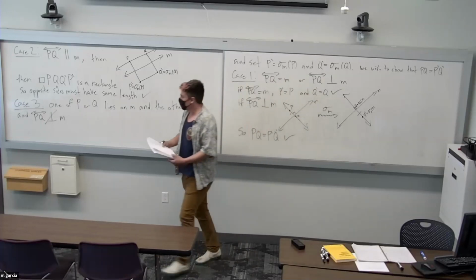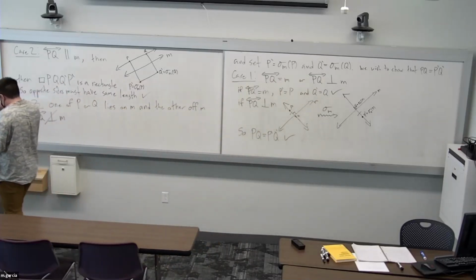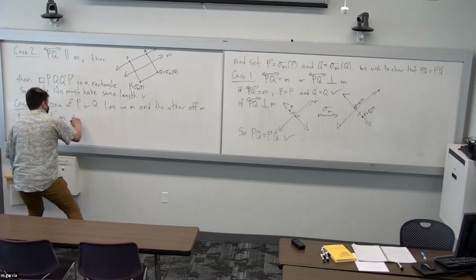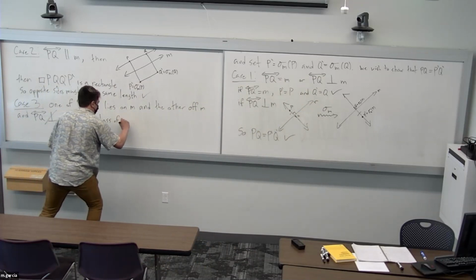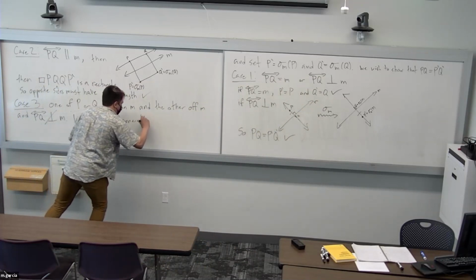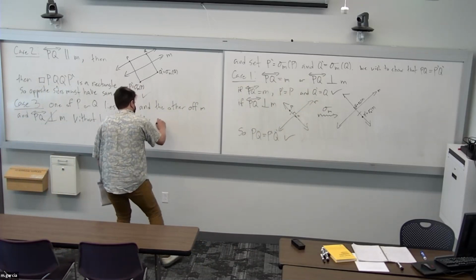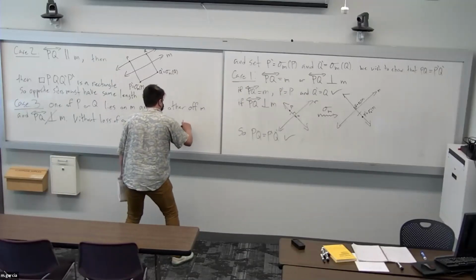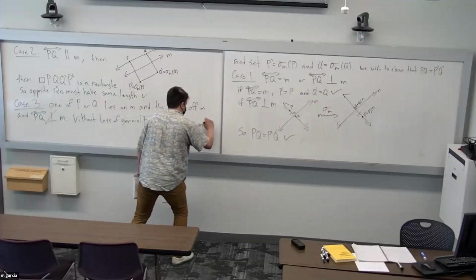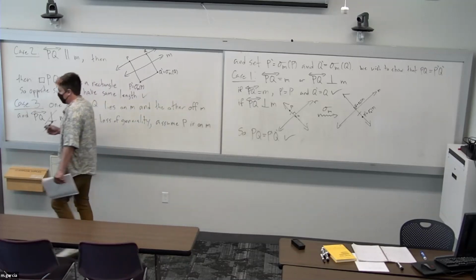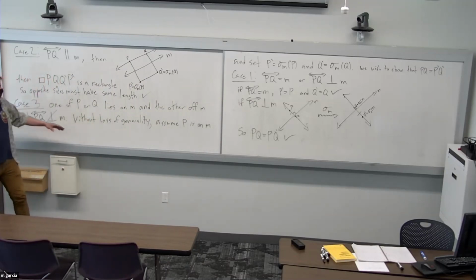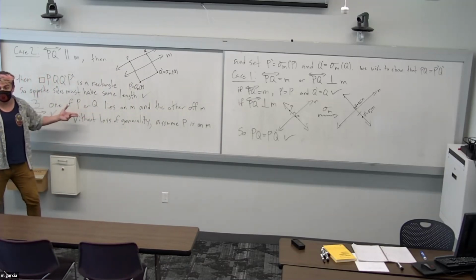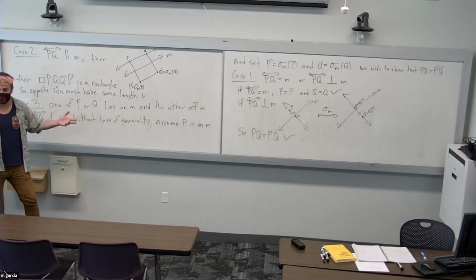So, okay. So without loss of generality, assume P is on M. Okay, so in case anybody hasn't seen this phrase before, what I mean is it doesn't matter which we choose to lie on M. And just so we have labels that we can use, I'll just pick P arbitrarily.